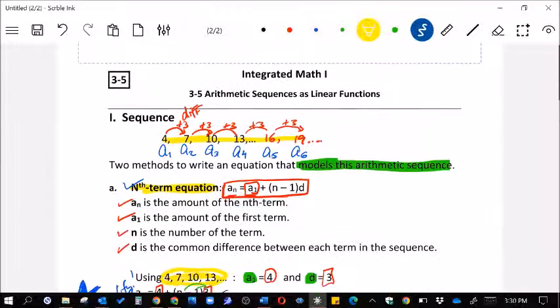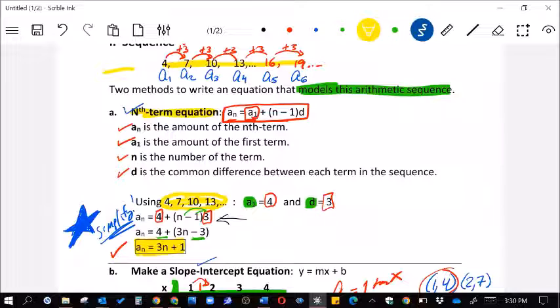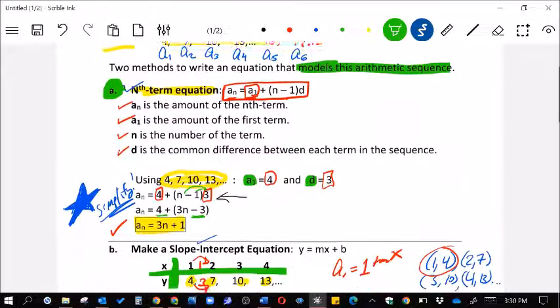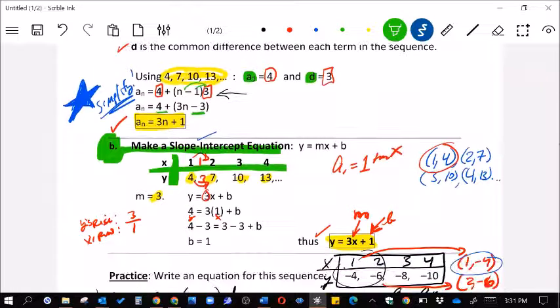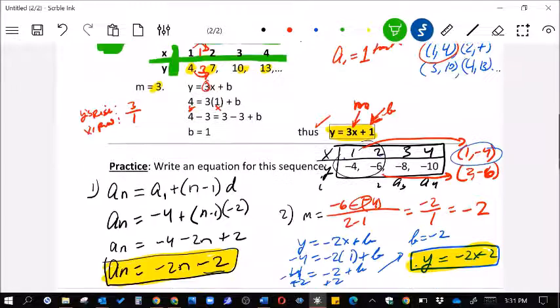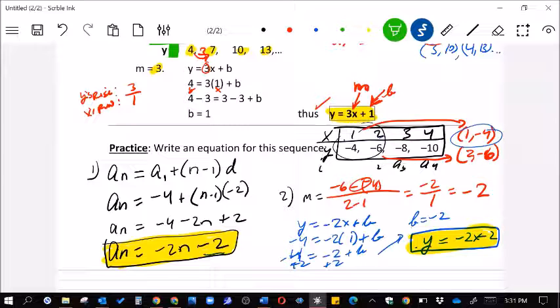So what we've done here is a review about sequences, knowing about the nth term equation and the slope-intercept form equation, and then practicing it on this one in two different ways. Thank you for watching. I hope this helped.